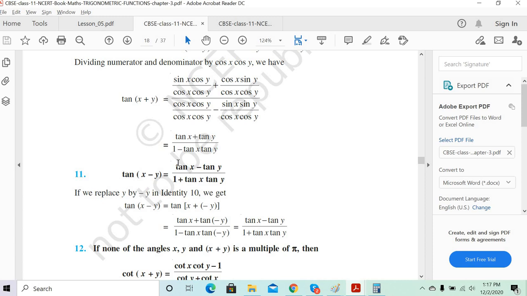Tan a plus b formula. This is okay. Remember, make it in the box. So we need to remember this formula, and just substitute negative y. You'll get the tan a minus b formula.